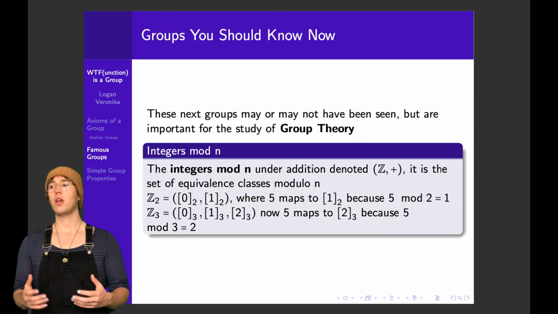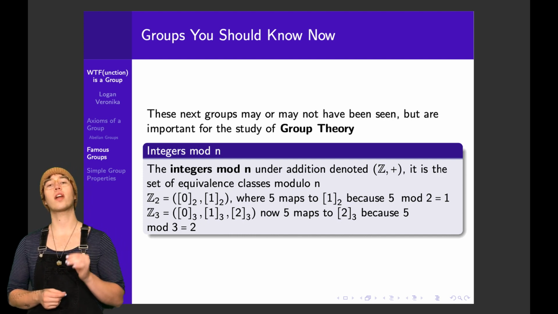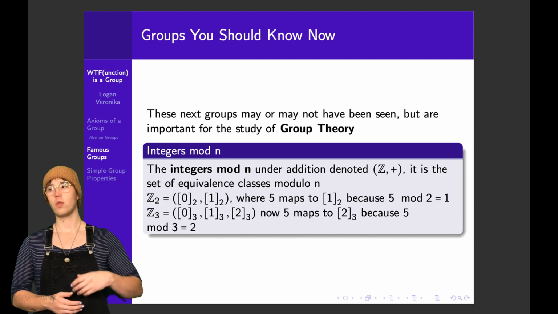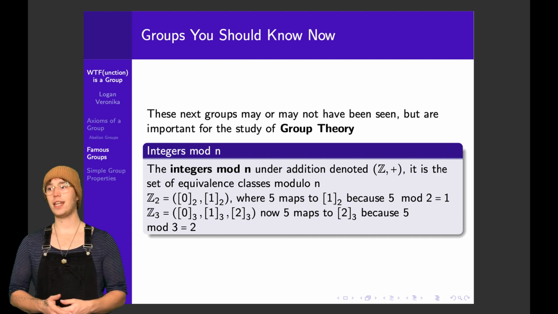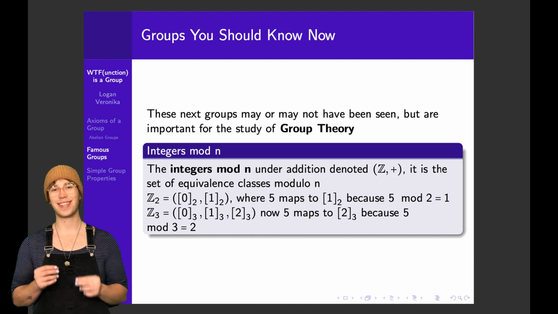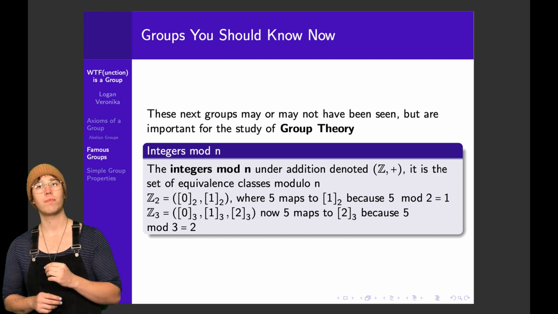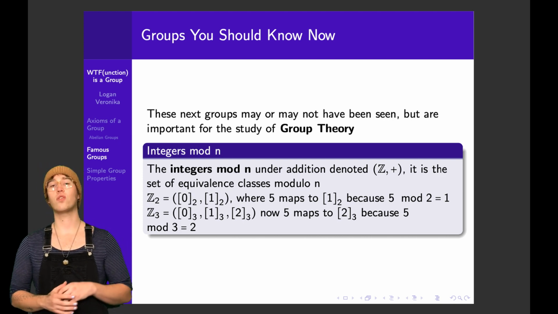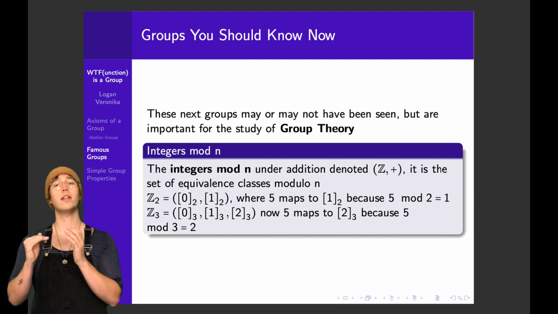These next groups are groups we may or may not have seen before, but they are incredibly important for our study and understanding of group theory. We have the integers mod n, under addition, and it is the set of equivalence classes modulo n. So for example, ℤ₂, the integers mod 2, is going to be equal to {[0]₂, [1]₂}.